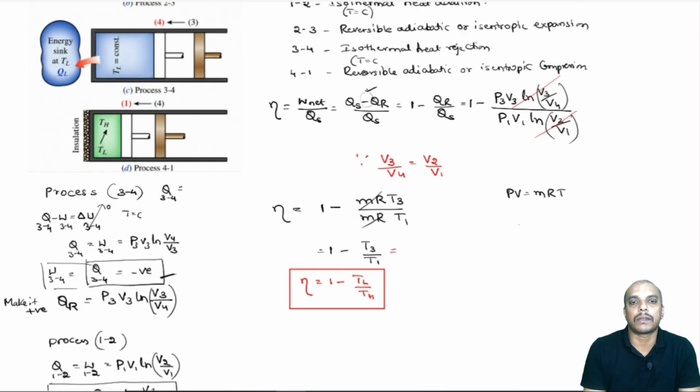If we are supplying heat at constant temperature, there is very little temperature difference between the source and the air where you are receiving the heat. So, irreversibility is not there, so there are no losses. That is why we get highest efficiency in a Carnot cycle.